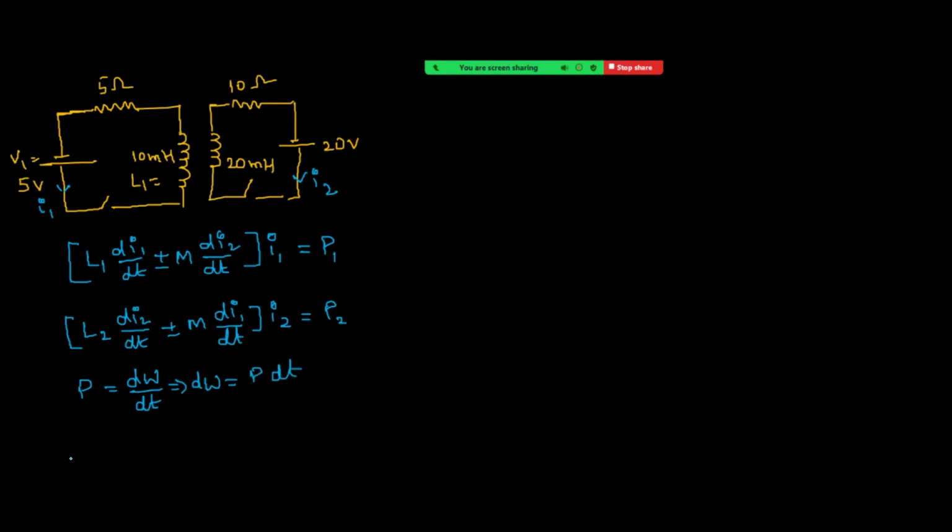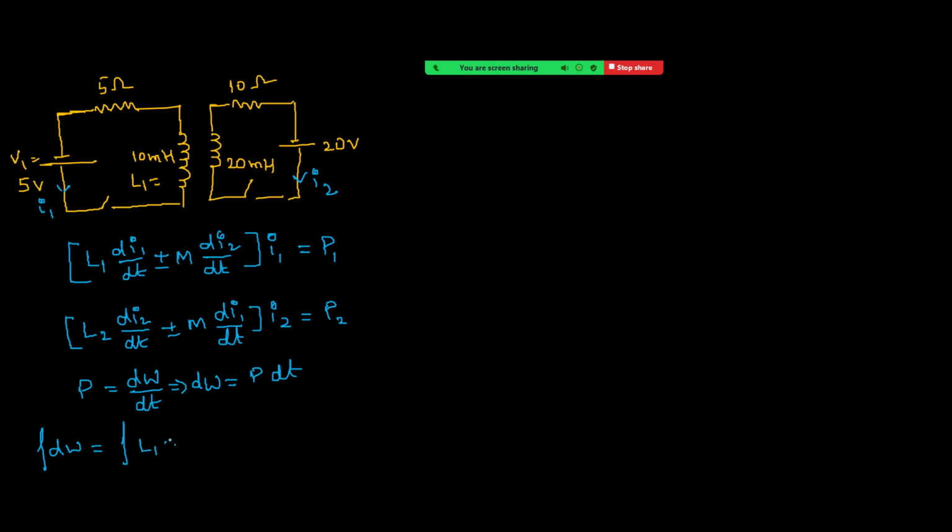Then see what I can write here: dW, or I can say the integration of that, is equal to, if I multiply with dt, where P means P1 plus P2, the sum of those two. See what happens if you multiply with dt. This becomes L1 di1 plus or minus M into di2, into I1. Right? So I'm writing that here.